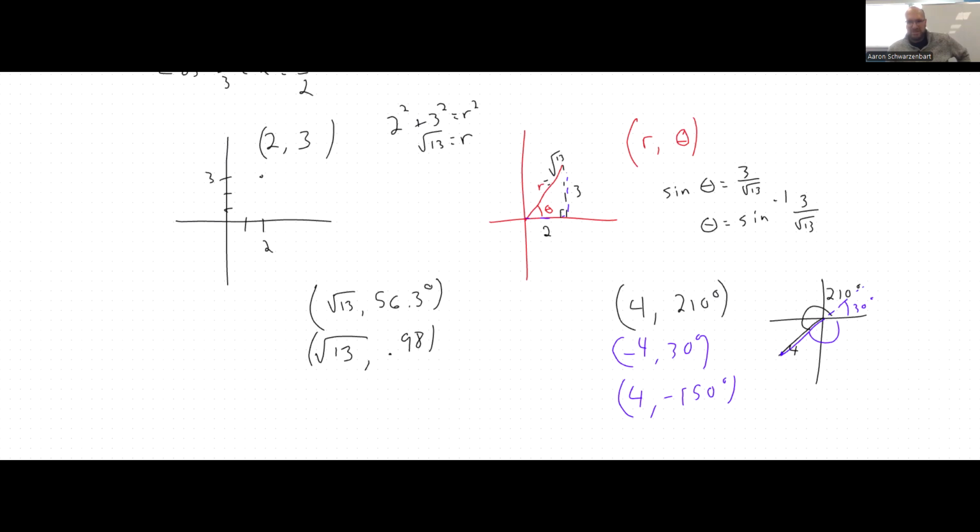If you have polar coordinates like this and want rectangular, well, I know 4. Draw in my triangle. I know this is 30 in there.